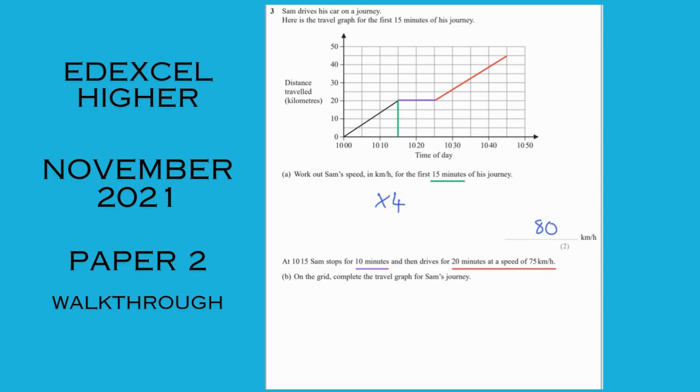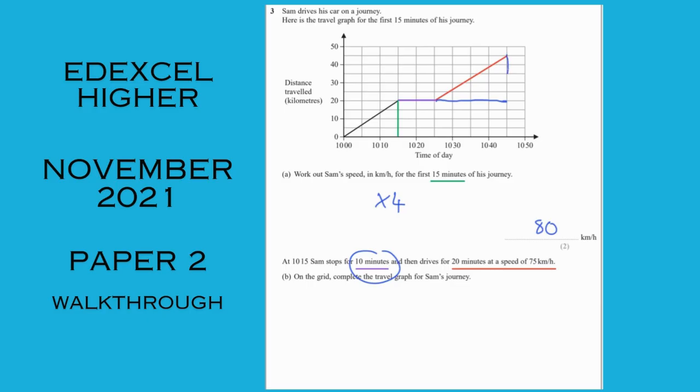As you can see in purple, Sam stops for 10 minutes, so horizontal line for 10. Each little box is 5 minutes, and then for 20 minutes, so we go 20 along. Now, 20 minutes is 1/3 of an hour. So if you're travelling at 75 kilometres per hour, divide it by 3.